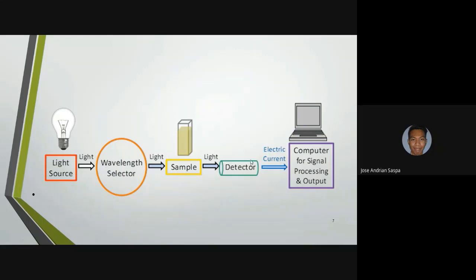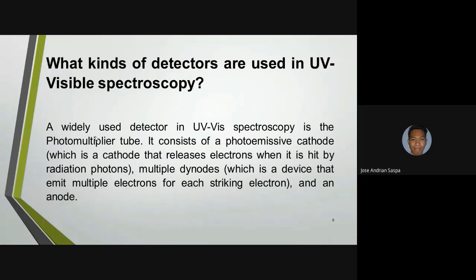We have here a computer to process the signal that is detected by the detector. What kinds of detector are used in UV visible spectroscopy? As I have said earlier, the widely used detector in UV-vis spectroscopy is the photomultiplier tube.